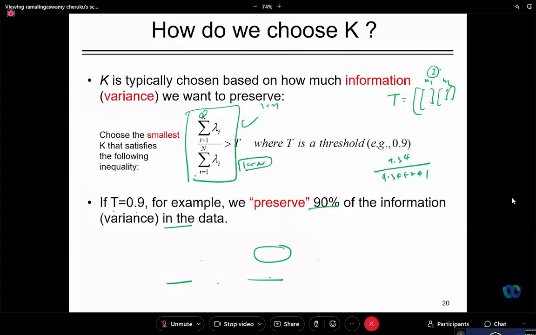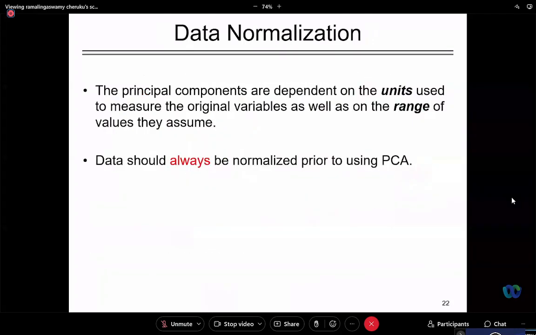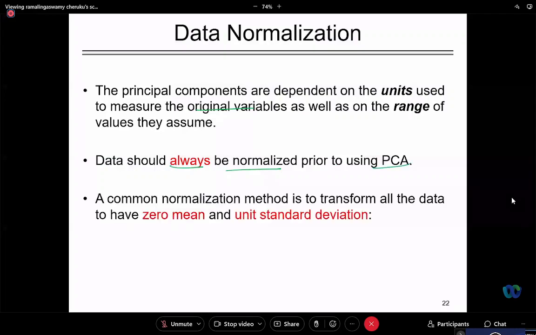Right. Okay. And the principal components are dependent on the units used to measure, as I mentioned, and on the range of the original values. That's why it's always advisable to use normalization prior to applying PCA. A common normalization is Z-score normalization.